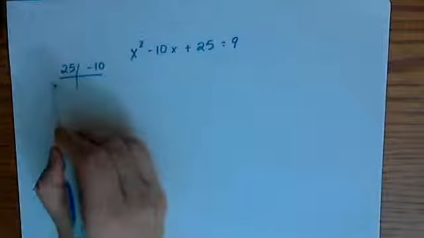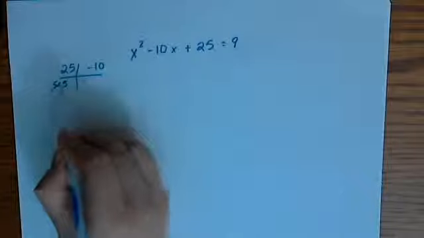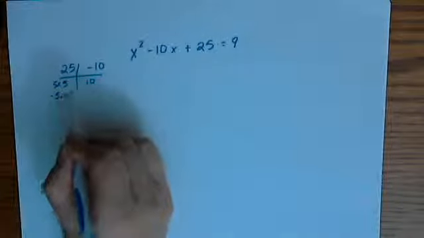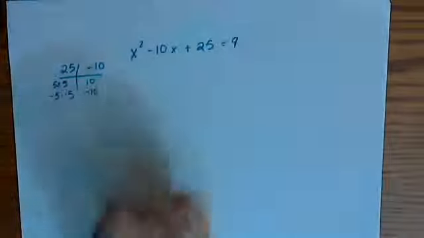And I know 5 times 5 multiplies to 25, but that adds to a 10. So I can try a negative 5 times a negative 5, and that adds to a negative 10.